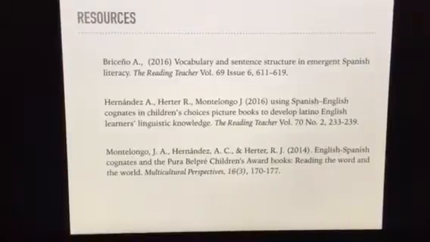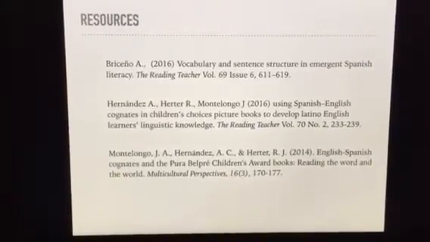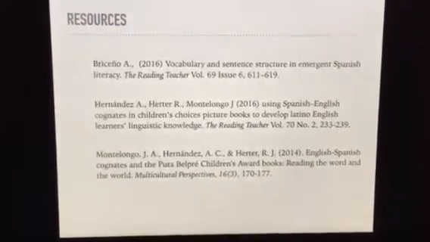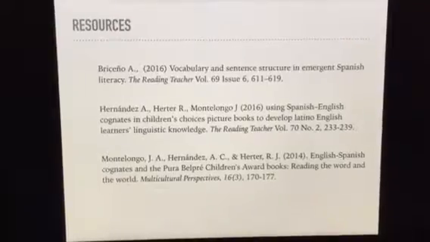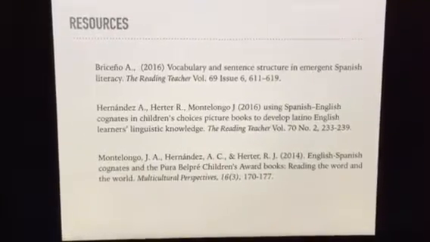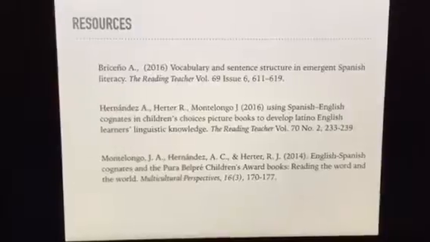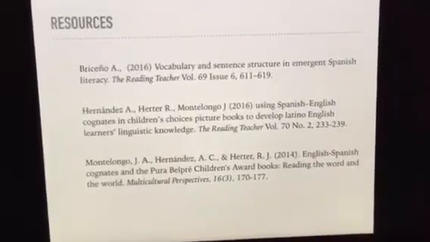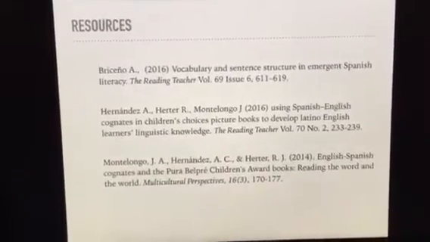Again, I mentioned resources, and these are 3 articles that are available for you through many different sources. If you're a student here at Asbury, you can look them up directly via our portal at the library.